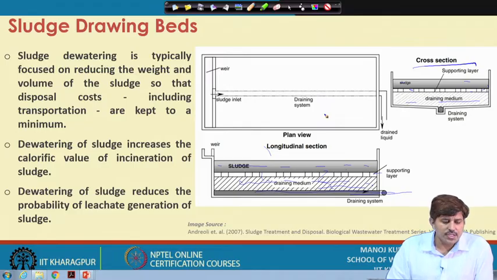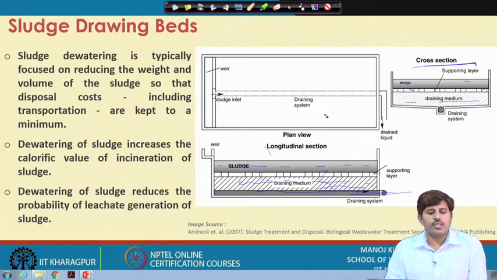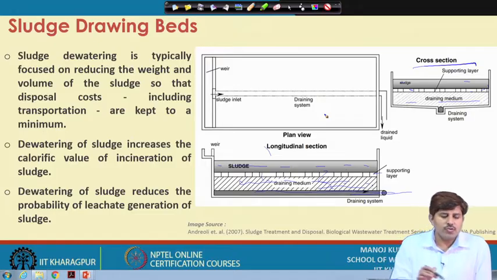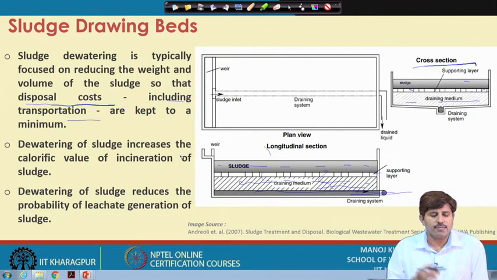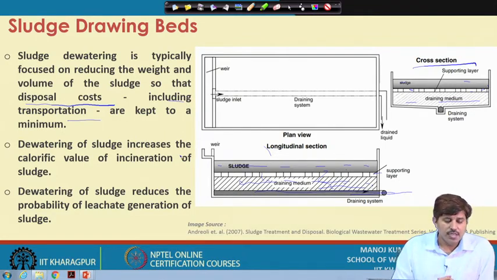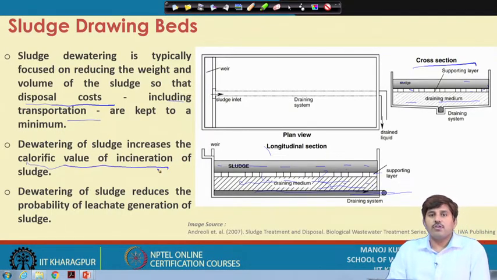So, sludge dewatering is typically focused on reducing the weight and volume of the sludge. The idea is to reduce the disposal cost, including transportation, and keep it to a minimum. Dewatering of sludge increases the calorific value for incineration of the sludge, because you get rid of a lot of water.